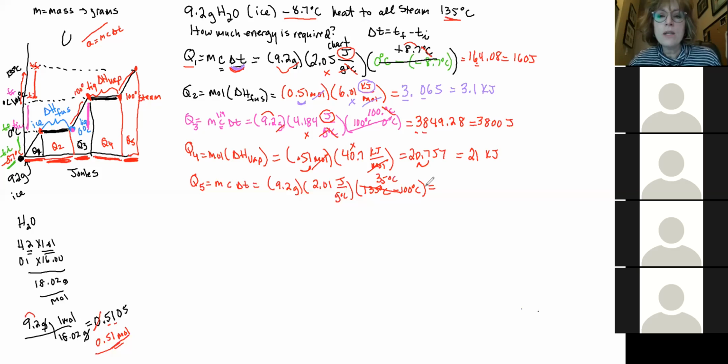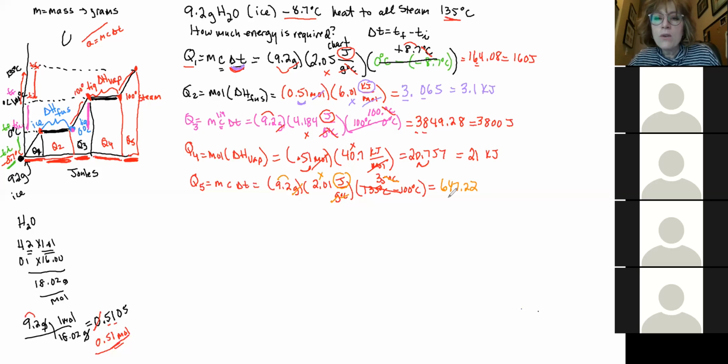Now we just cancel out our units, and joules is my only unit. Let me use my calculator. 9.2 times 2.01 times 35, I get 647.22. I need 2 sig figs because that came from a chart.